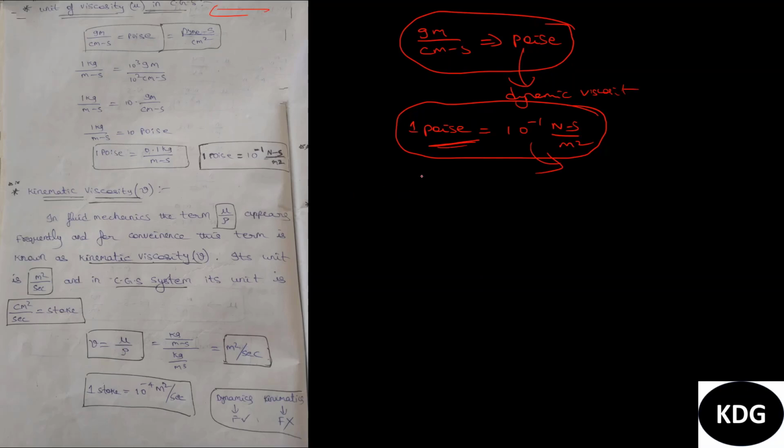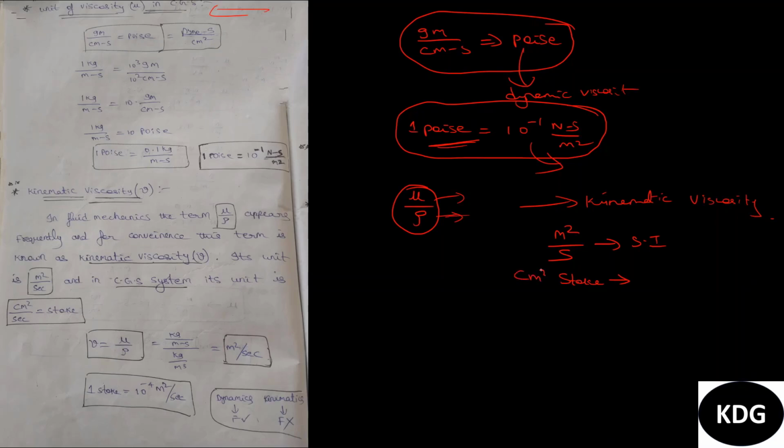In our fluid mechanics calculations, we frequently observe the parameter dynamic viscosity by density. This term is known as kinematic viscosity, defined for our convenience. Its unit is meter square per second in SI, but in CGS it is Stokes, that is centimeter square per second.